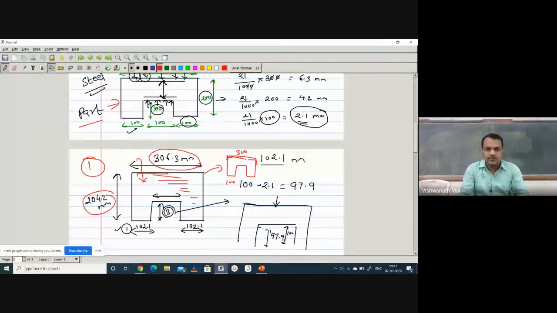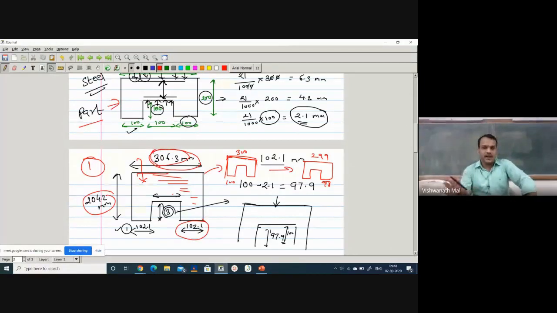Its dimension is 300 mm, and you are going for machining. After machining, its dimension changes. You may get here 299, here 98. You will get the wrong dimensions. You want 300, 100, but you got after machining 299, 98. When will this happen? When you only consider shrinkage allowance. Have you understood this part? See here, when you consider only shrinkage allowance, you got these dimensions.